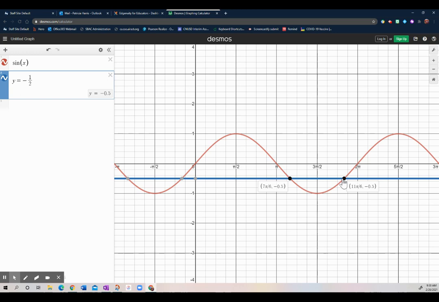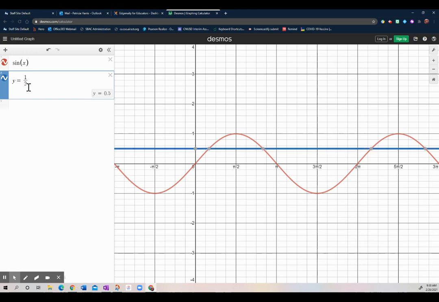Okay, so the next question is actually an inequality. So it's the same thing except instead of -1/2, we have +1/2. Just change that. Notice how it automatically moves it up for you. Okay, so I want to know where sine of x is less than or equal to +1/2.